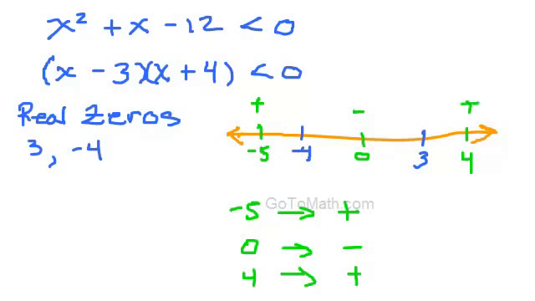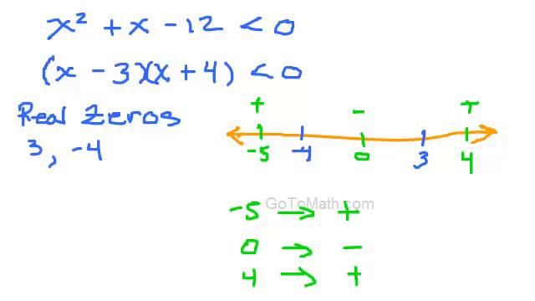Okay. So this number has got to be less than 0, which means it has to be a negative number. So that means we're going to be looking at just this interval right here. Now we can't use -4 and we can't use 3, because if we use -4, we end up getting 0 here, and 0 times a number is 0, and 0 can't be less than 0. So we can't use -4.